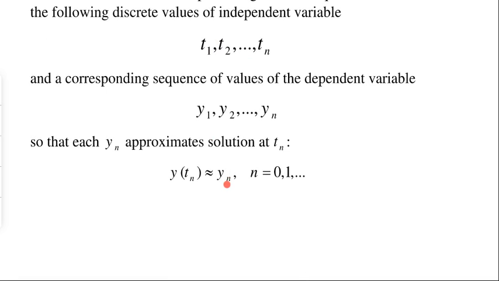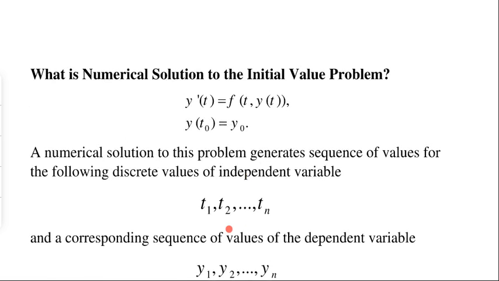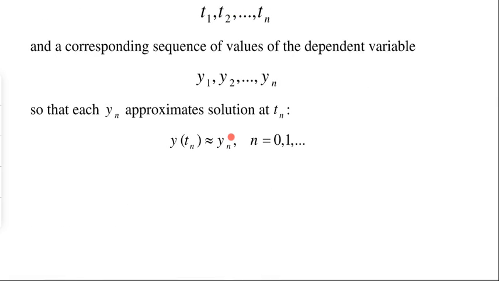So we want to approximate y at these discrete points tn. y is our unknown solution of this problem, and y1 to yn will be approximations of this unknown solution at these discrete points.